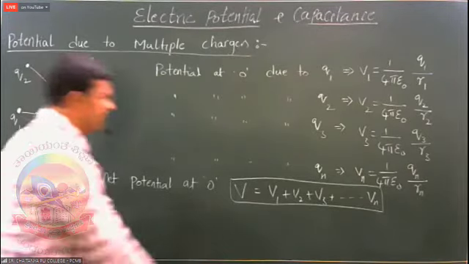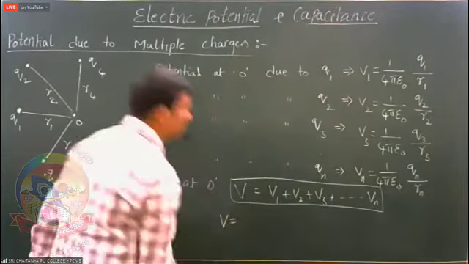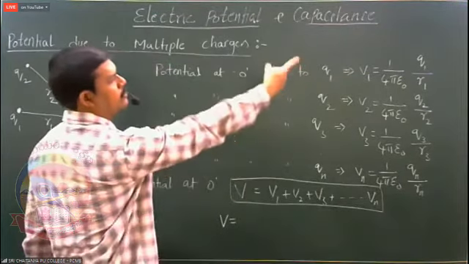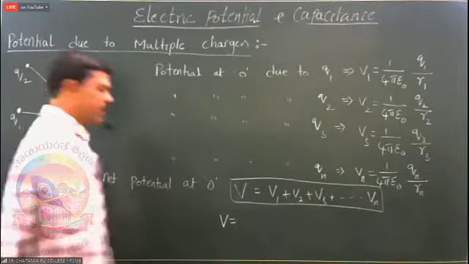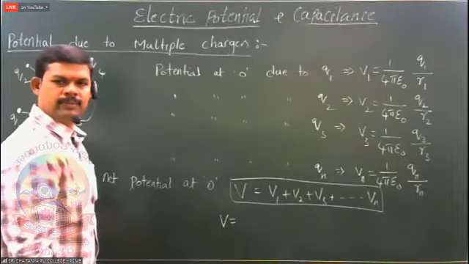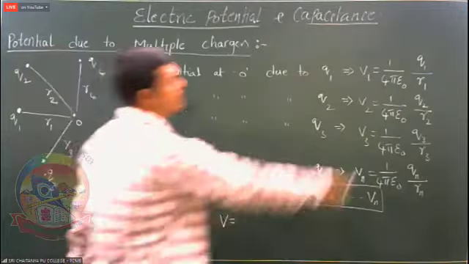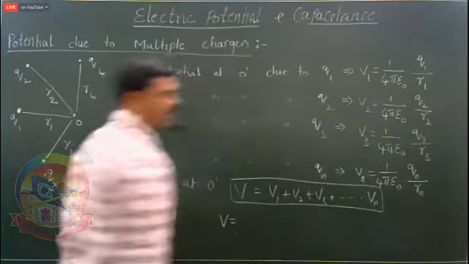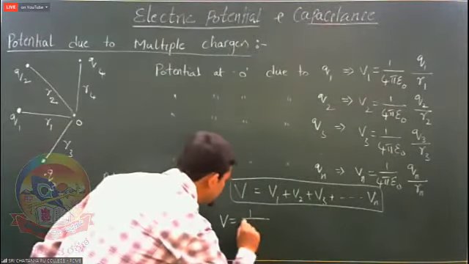So if you are asked to write the potential, V is equal to, see, V1 is 1 by 4 pi epsilon naught Q1 by R1, V2 is 1 by 4 pi epsilon naught Q2 by R2. What is common in all those? 1 by 4 pi epsilon naught is common. Take it out.